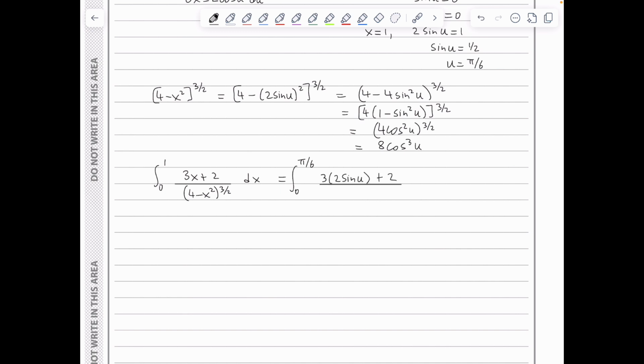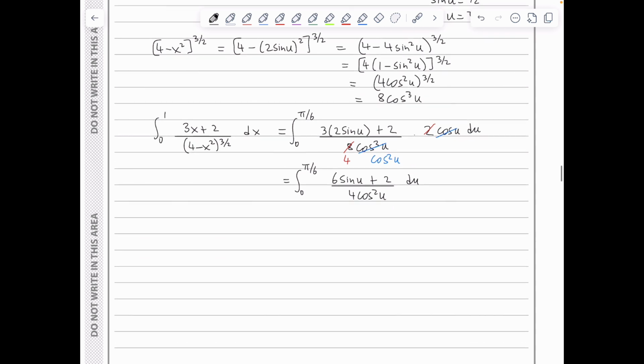The denominator, we said it's 8 cos cubed u, and in the place of dx I'm putting 2 cos u du. Now the first thing we notice is that the 8 with the 2 leave me a 4 in the denominator, and then the cos u with the cos cubed u will leave me a cos squared u term in the denominator. So we're looking at the integral from 0 up to pi over 6 of (6 sine u plus 2) over 4 cos squared u du.